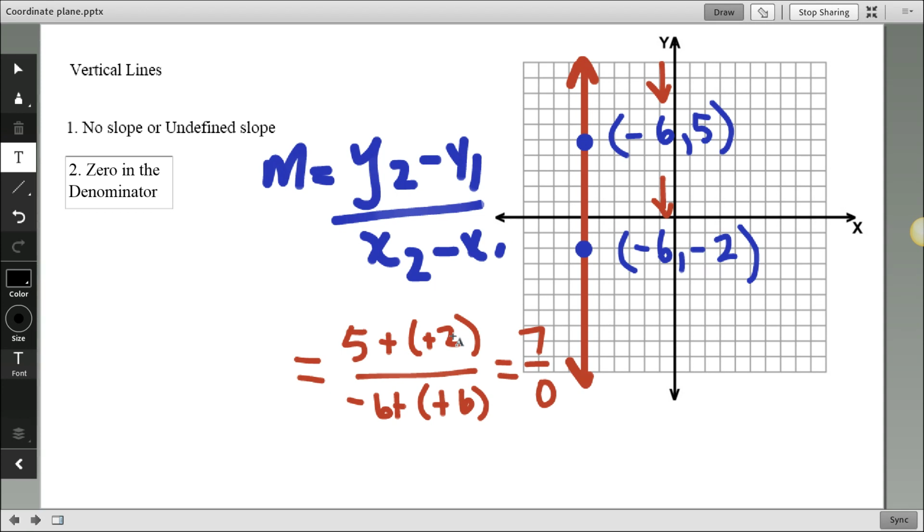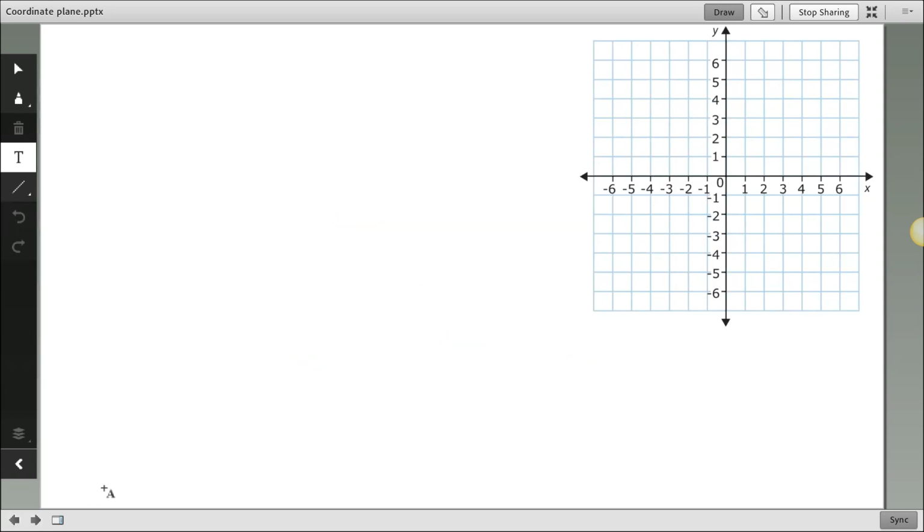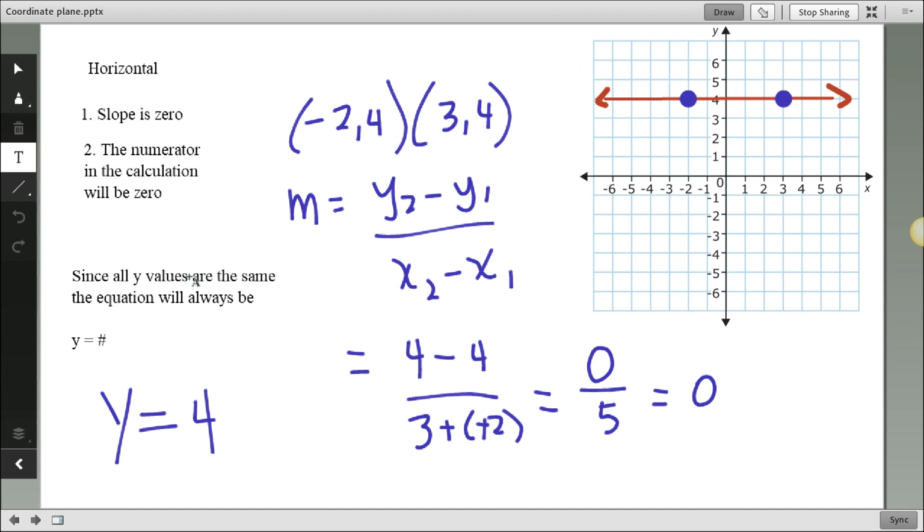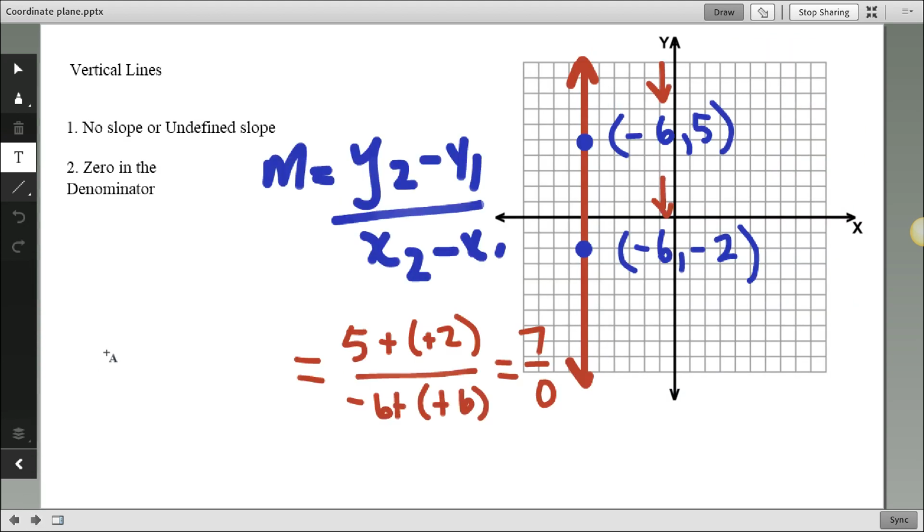Now, what in the world do we do to write the equation here? Well, just like on the last ones, remember we said over here that since all the y values are the same, the equation will always be y equals some number. Well, over here, what's the same? The x values.